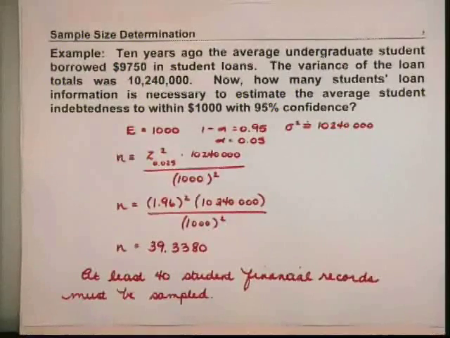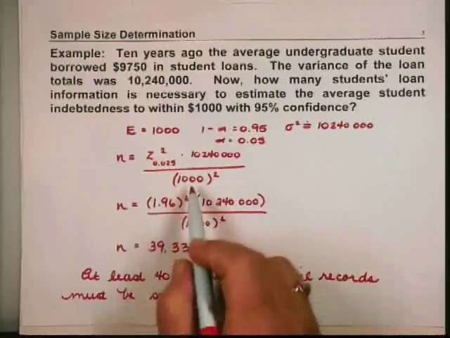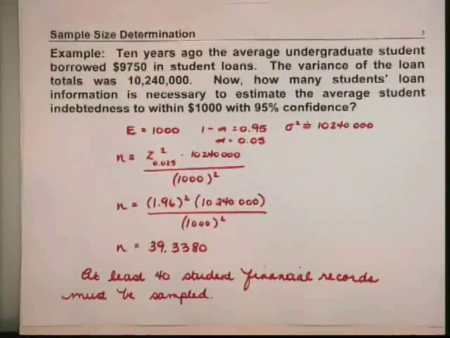What happens if you say, I want to know within a smaller value of E, bound on the error of estimation, that's smaller than 1,000? What's that going to do to sample size? If E gets smaller, that's this denominator, n gets larger. Okay, so the narrower the interval, you need a larger sample size, right?